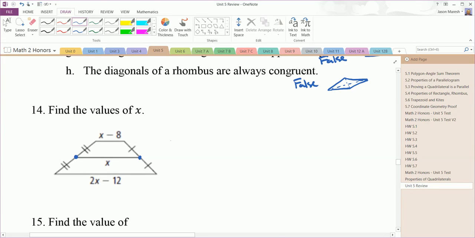And from the mid-segment theorem, we can say that 2 times the middle length is equal to the sum of the top length plus the bottom length. And that's by the trapezoid mid-segment theorem.